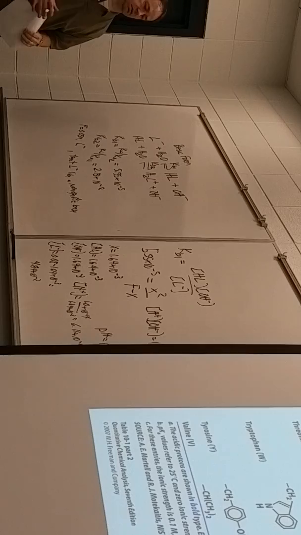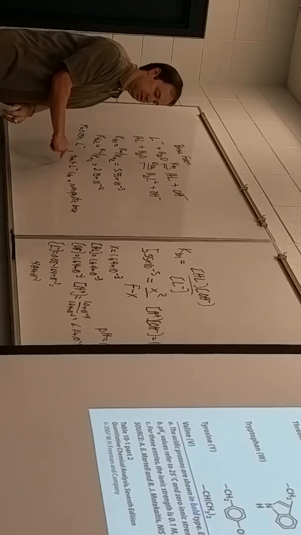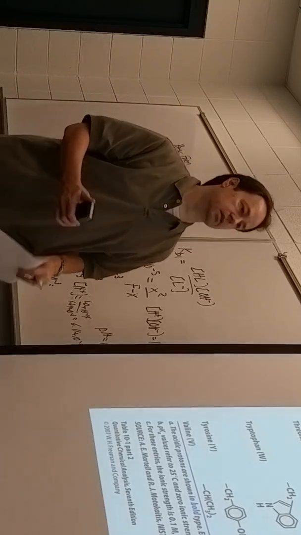But again, let's test our math. Let's see if our assumption is correct. Can we treat it like a monoprotic system? How much H2L did we actually make? So let's look at Kb2, H2L plus times hydroxide over HL.